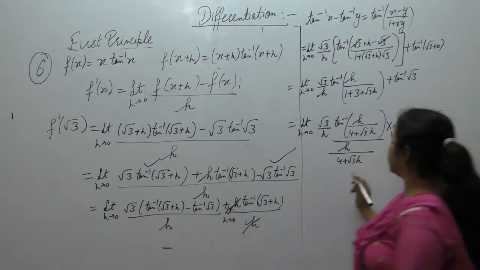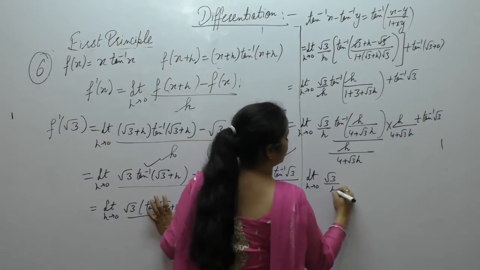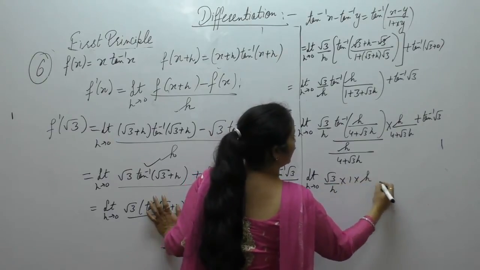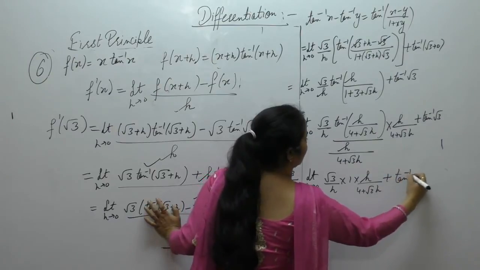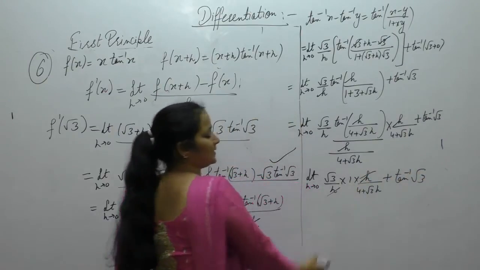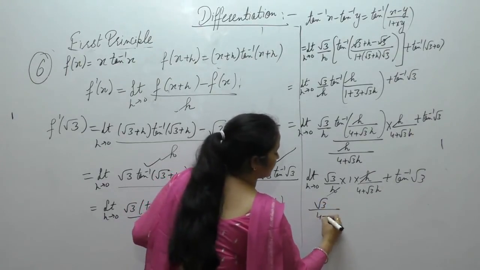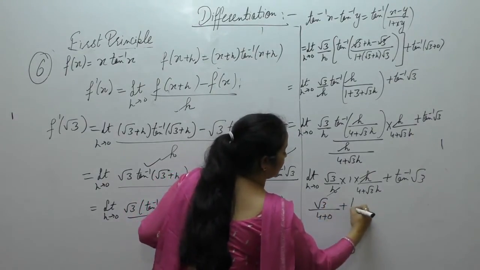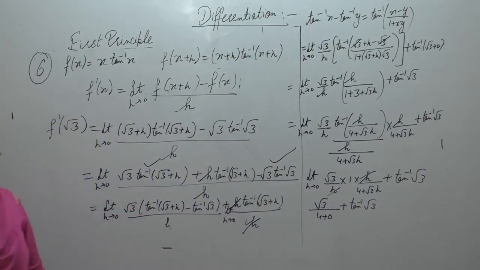Now this is equals to 1. So limit h tends to 0, root 3 by h into 1, h upon 4 plus root 3h plus tan inverse root 3. This h will get cancelled. Now put the limits. 4 plus 0 plus tan inverse root 3.